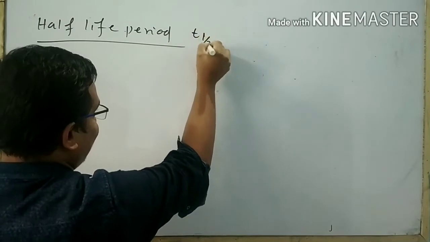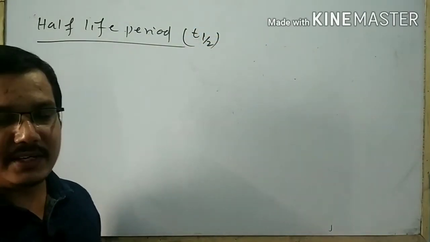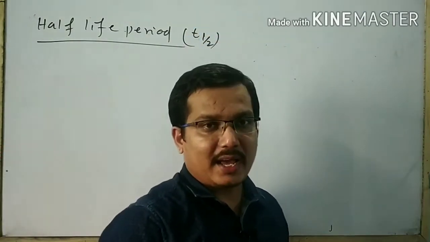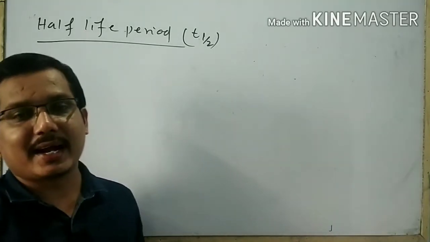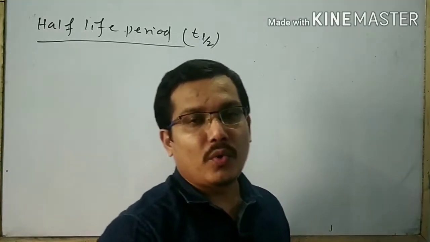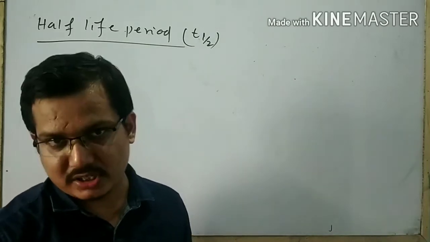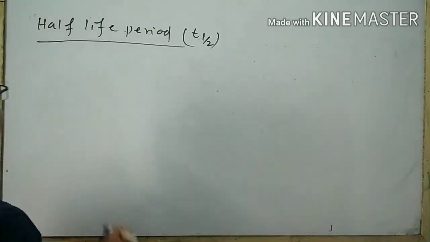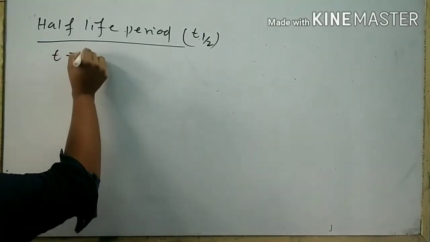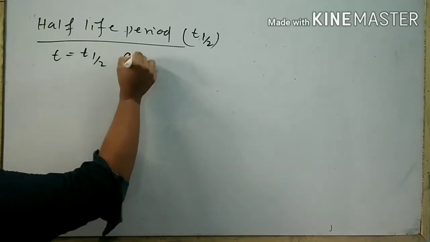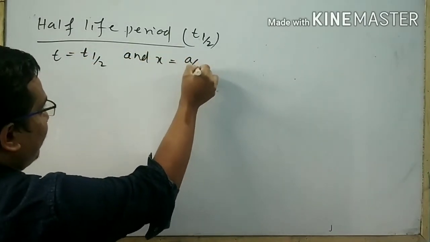It is denoted by t half. Half-life period is defined as the time in which the reactant is reduced to 1/2 of its initial concentration. So here we can write t is equal to t half and x is equal to a by 2.